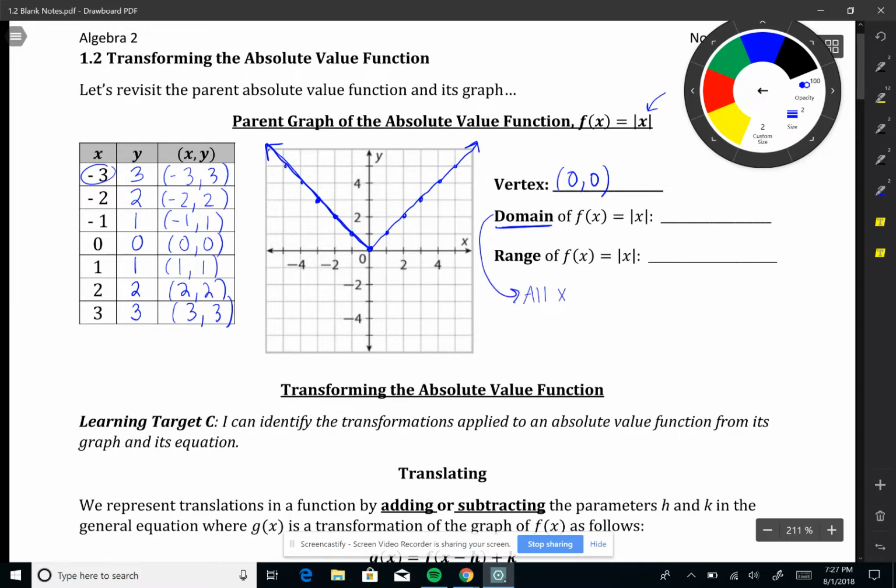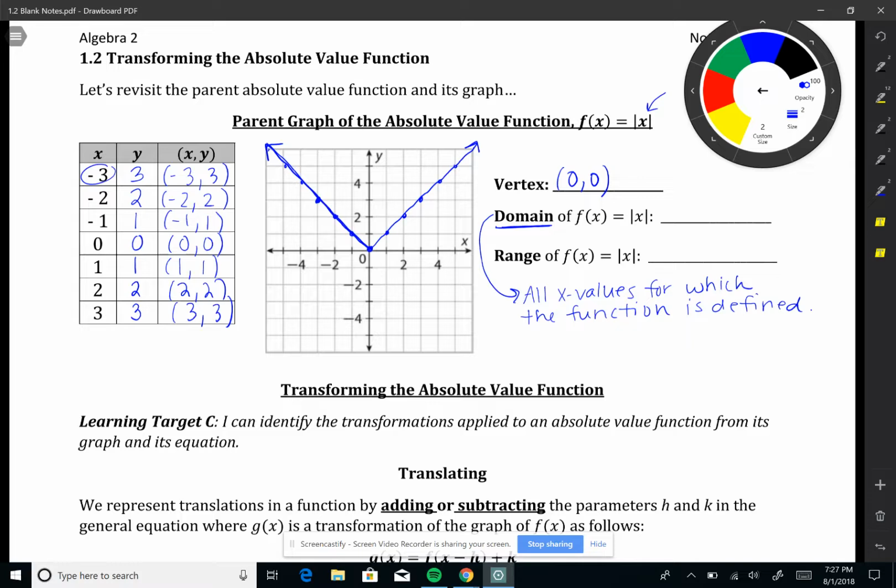So all x values for which the function is defined. Now that's kind of a mathy definition. Another way to think of it is what x values can you put into this function?